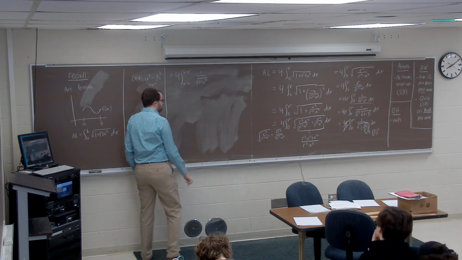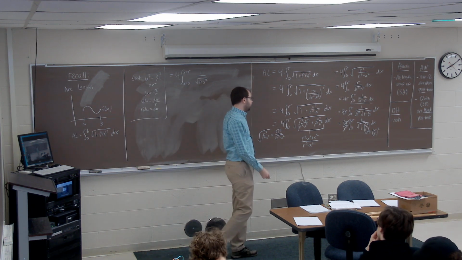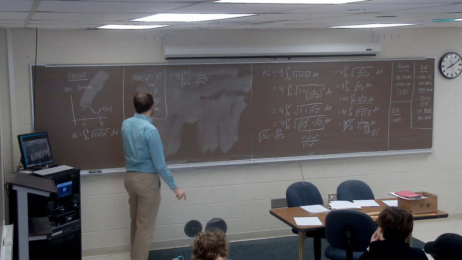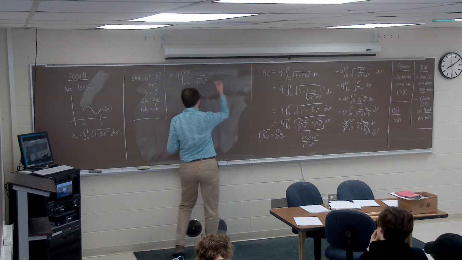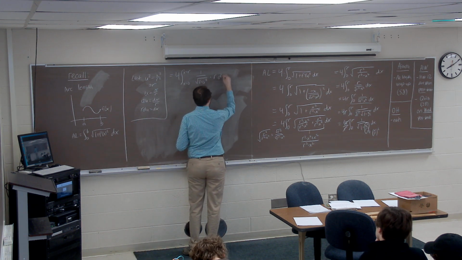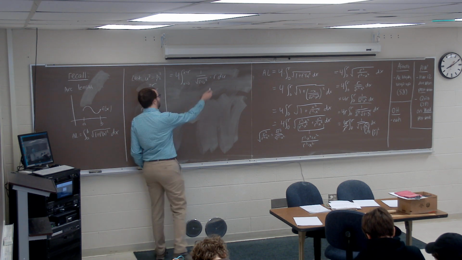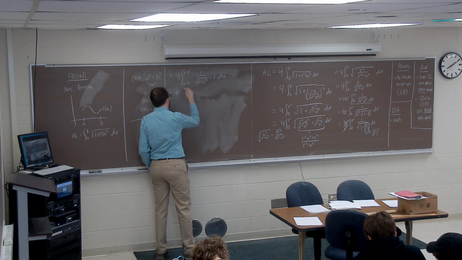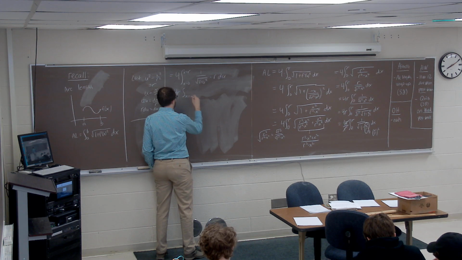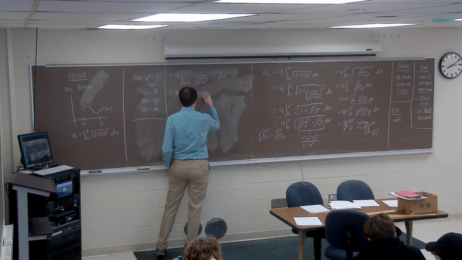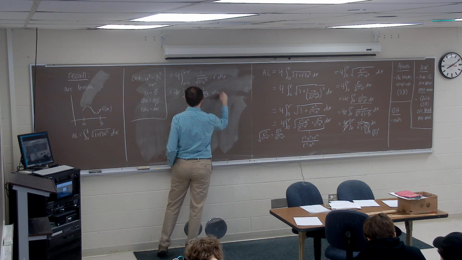Yeah. Replace the x squared over r squared with u squared, and replace dx with r times du. Oh hey, that r can go out in front. 4r integral from x equals 0 to x equals r of just 1 over square root of 1 minus u squared du.